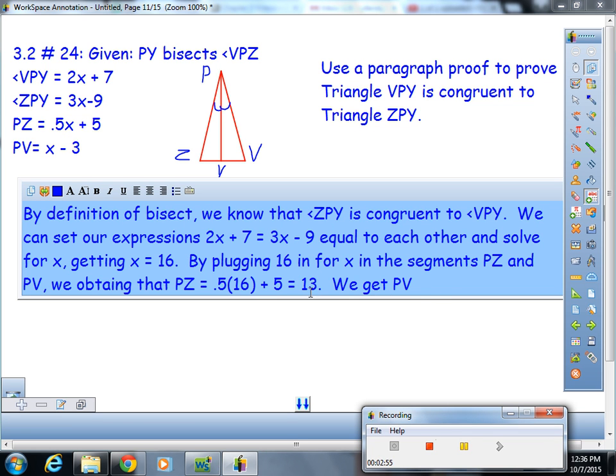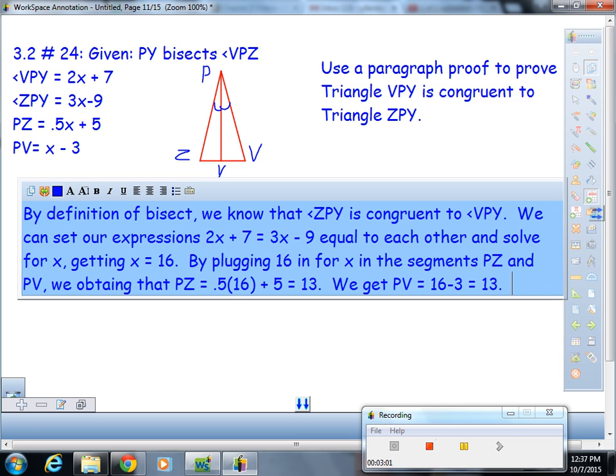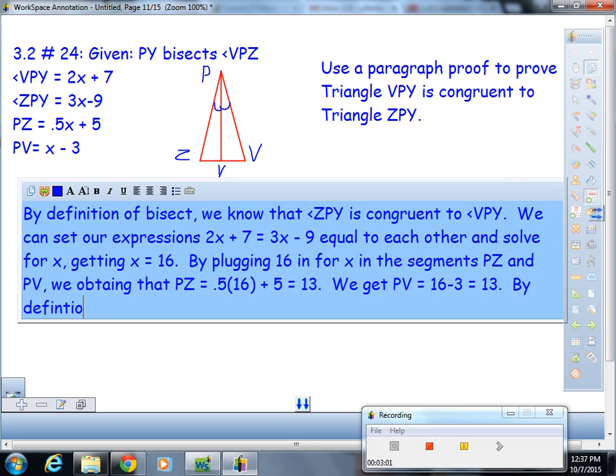When we plug x in to the PV equation, we get 16 minus 3. Oops. Which equals 13. By definition of congruence, we now know that PZ is equal to PV.